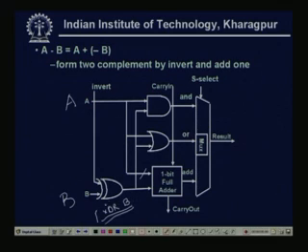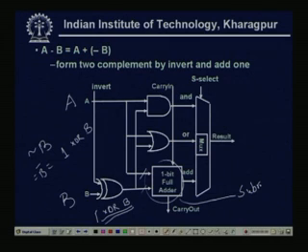As we have already seen, B bar or B complement we can write as 1 XOR B. So, B complement is added to the full adder, and if that is selected, then this particular adder will actually be a 2's complement subtractor.